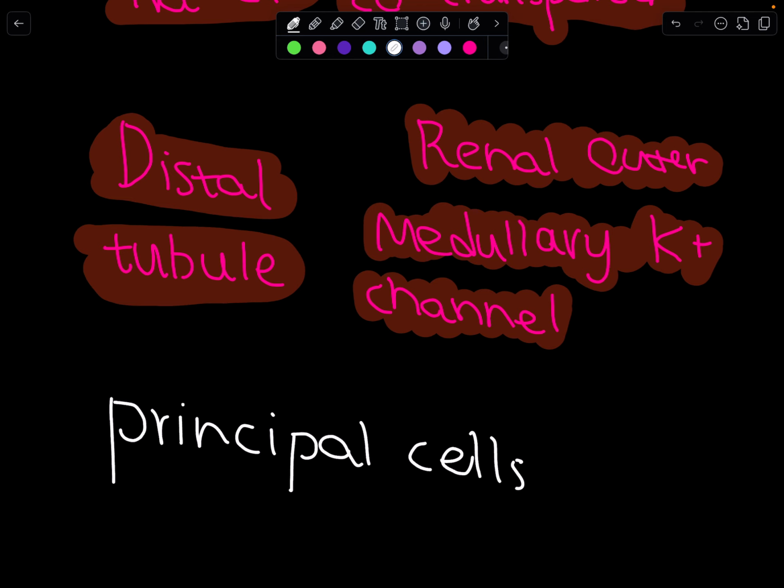They also express aquaporin 2 channels, controlled by antidiuretic hormone, ADH, to reabsorb water, concentrating urine. Their role is critical for blood pressure, potassium homeostasis, and urine concentration. Want to dive into their hormonal regulation or related disorders?